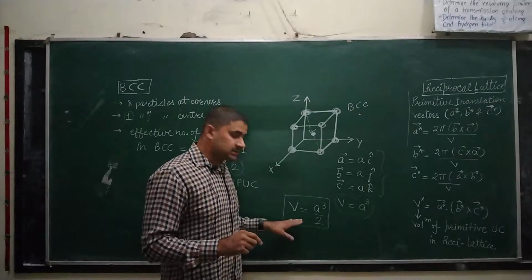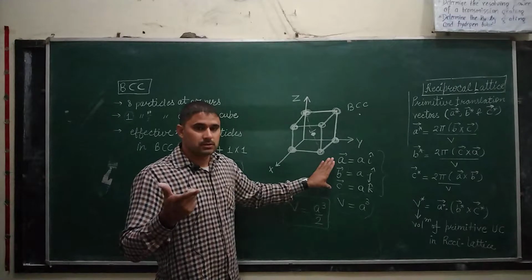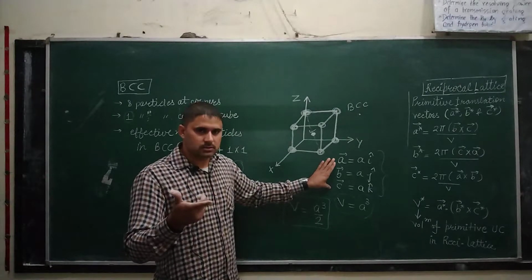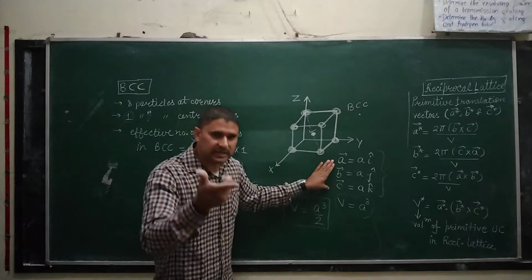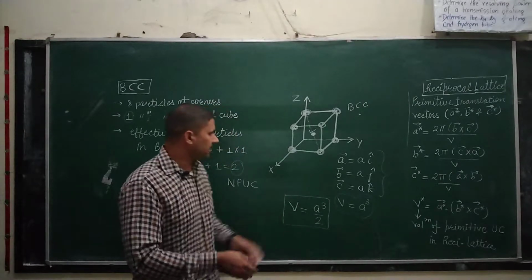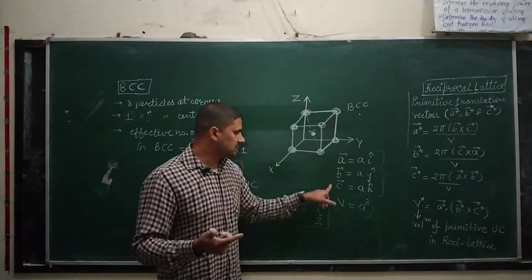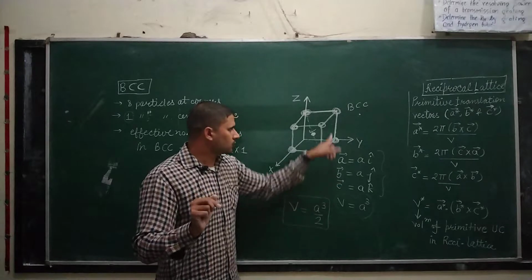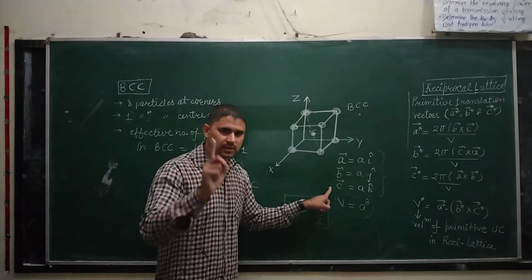So this is the need which compels us to choose a different kind of vectors which are primitive. We need to choose those vectors which give us this volume. Okay, so for that we will make changes in the primitive vectors. These are not primitive vectors for body centered cubic, these are primitive vectors for simple cubic.